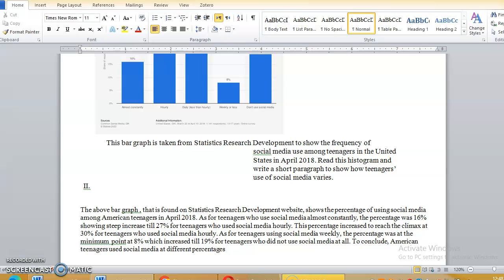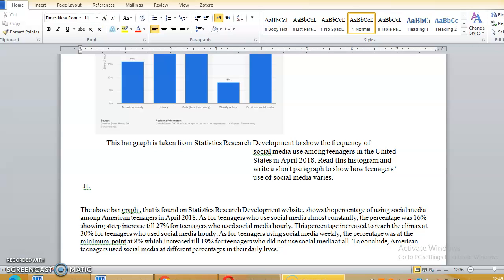Because as you see here, there's no specific percentage which is fixed. It varies between people who use social media constantly, hourly, etc. So American teenagers use social media at different percentages, and I can add in their daily lives, whatever.